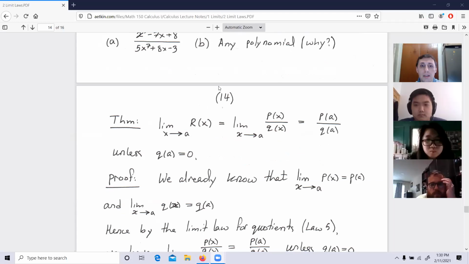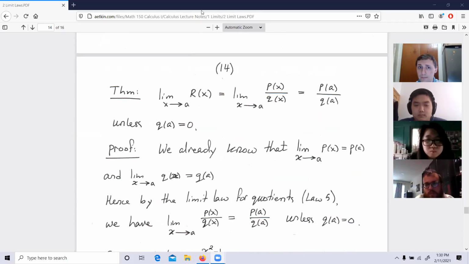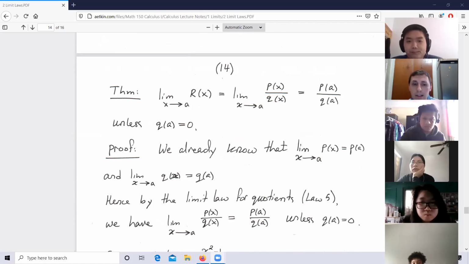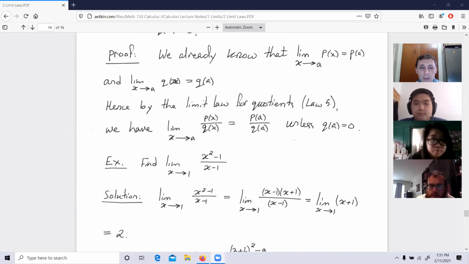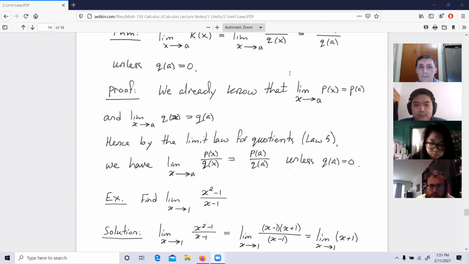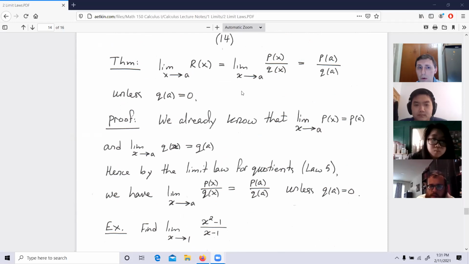Similarly, if you apply the limit laws for a quotient, then the only time there is any difficulty is when the denominator produces 0. Good? So the limit of the quotient is the quotient of the limits unless the denominator approaches 0. Then you have to be more careful. Now help me with this problem, guys.